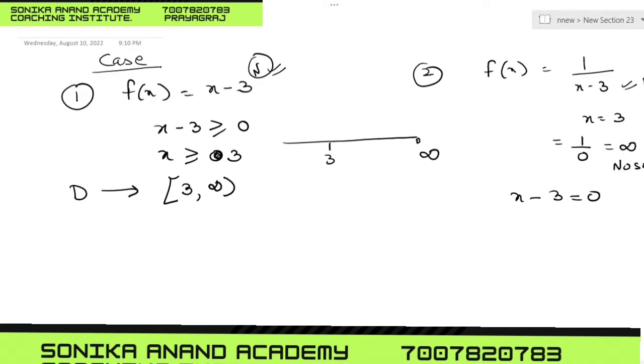So x cannot be equal to 3. What is the domain? All the real numbers except the element 3. We can take any number, but not x equal to 3, otherwise we can't get the solution. Clear? In this way we find the domain.